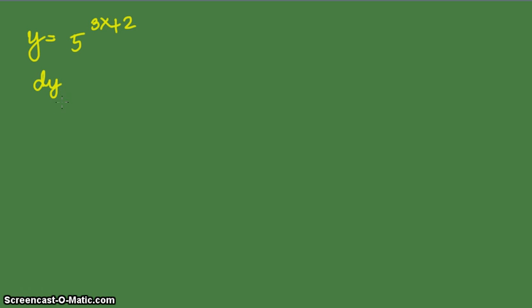If I want to get the derivative of y with respect to x, we apply the basic rule on exponential functions. So we have 5 to the 3x plus 2, the value itself, times ln of the base. Then don't forget to multiply it by the derivative of the exponent. The derivative of 3x plus 2 is 3.